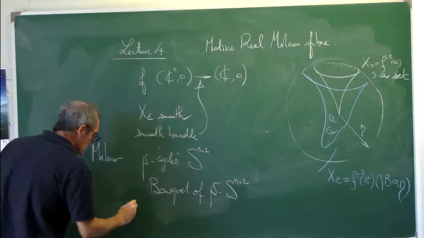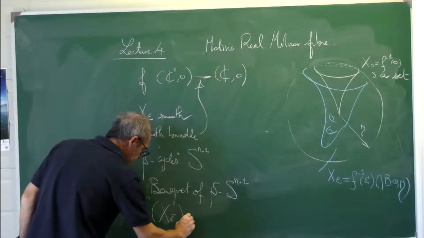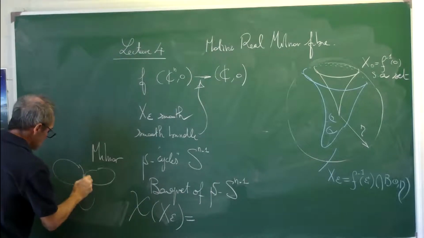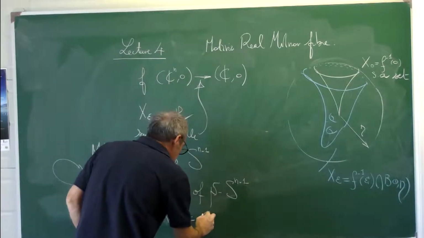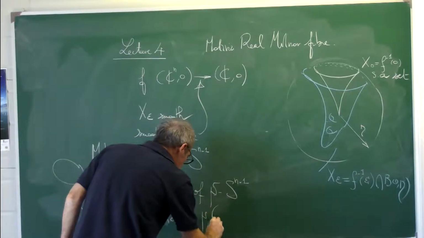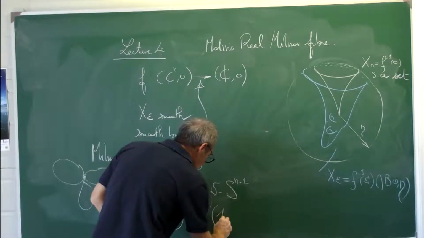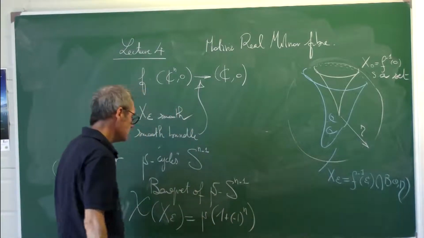It means that the Euler characteristic of the nearby fibers is given by, you imagine you have a bouquet of mu spheres. So you have mu multiplied by the Euler characteristic of this sphere, which is 1 plus minus 1 to the power n-1.